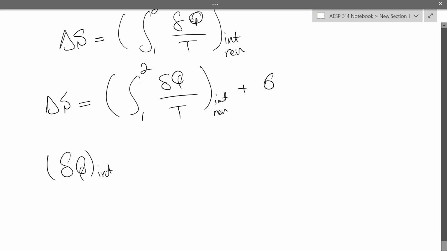But the delta Q internally reversible itself, based on the first law, is equal to changes in the internal energy, right? So the amount of heat added to a system during an internally reversible process is equal to the change of internal energy plus the amount of work done on the system during an internally reversible process.